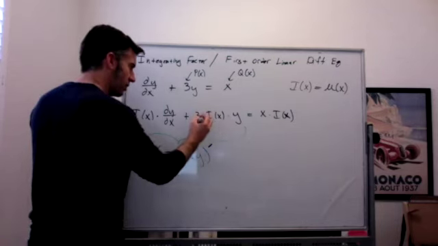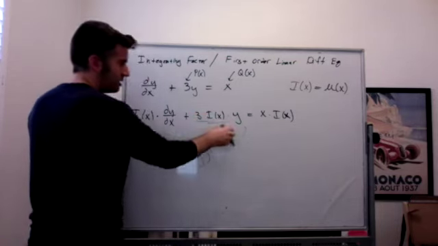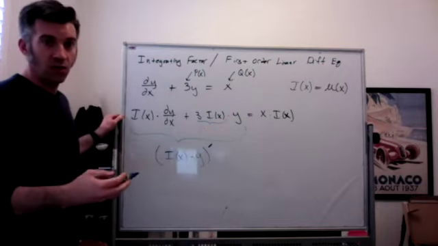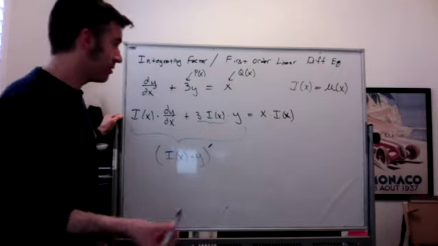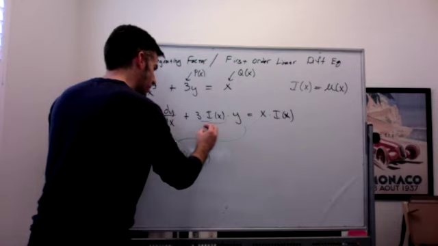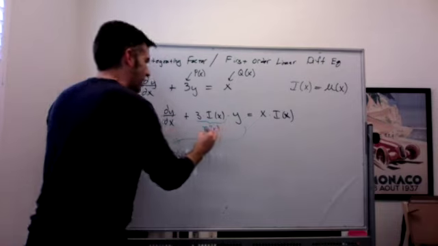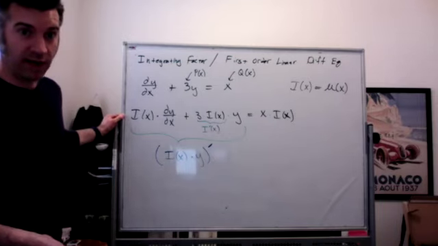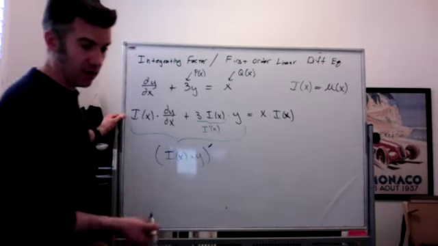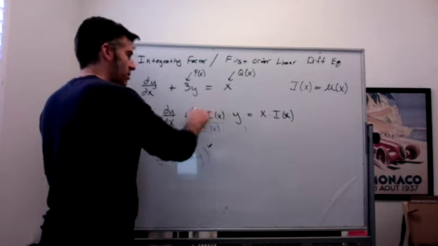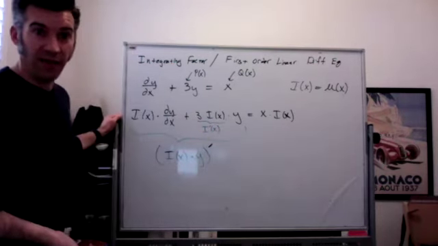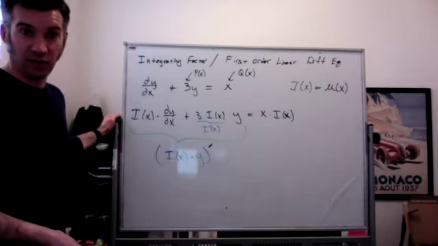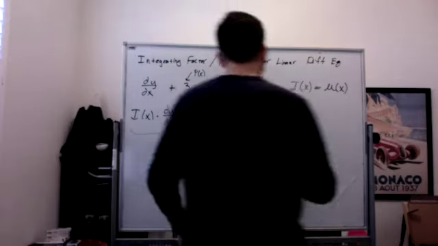So in this second part, whatever isn't y is supposed to be I prime. That's how we find the integrating factor: recognizing that whatever multiplies y is your I prime of x, or dI/dx. So we're going to solve for that over here.